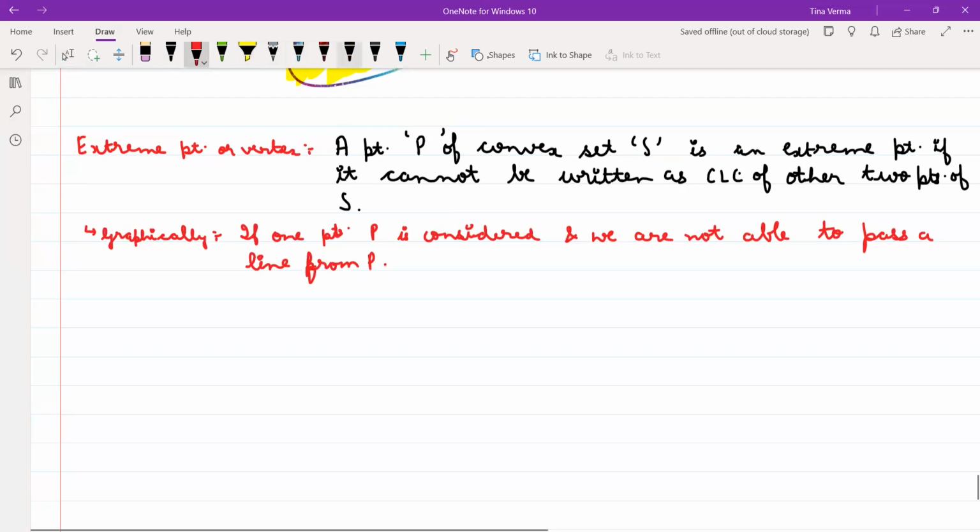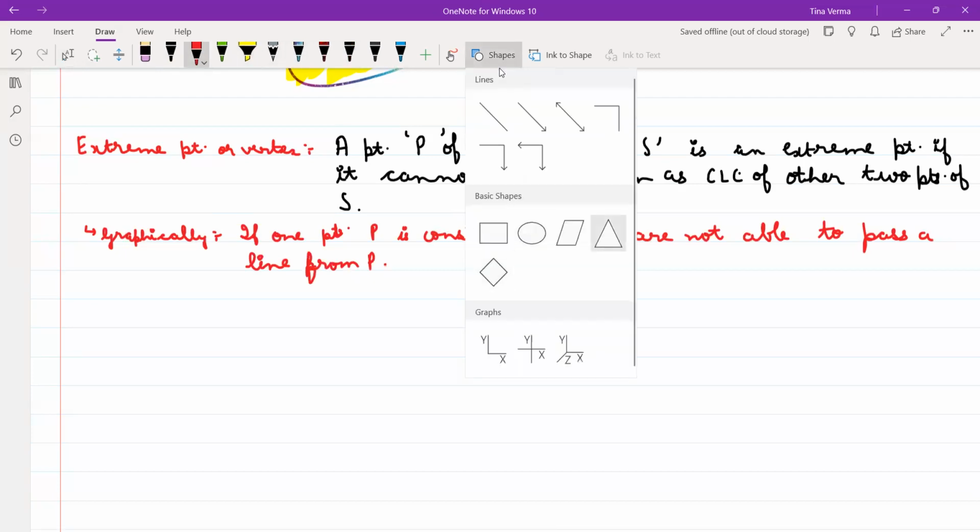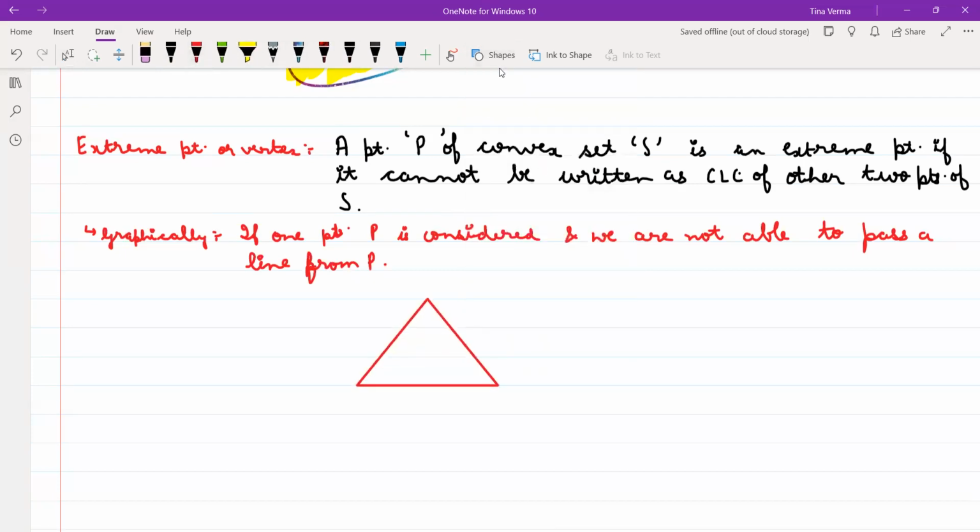For example, I have considered a triangle and I am considering the inner portion of this.